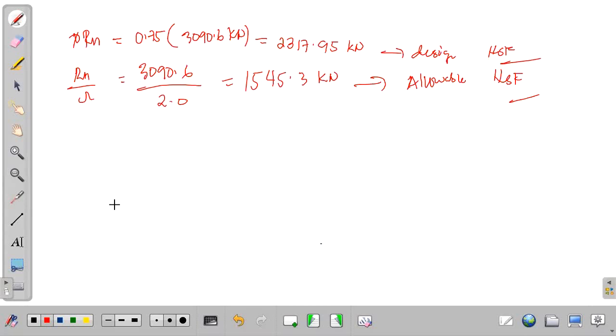So, how about if the question goes like this? You just have to determine the design tensile strength. What will be now your answer? Ano yung magiging sagot natin?